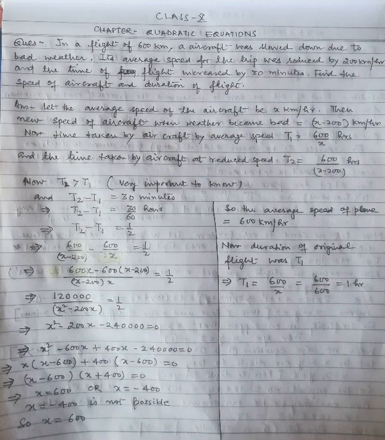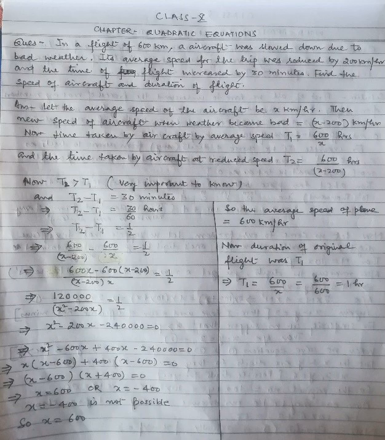Now this equation is very large, and if you know the steps to factorize by splitting the middle term, then you can do the factorization as x square minus 600x plus 400x minus 2440 is equal to 0.